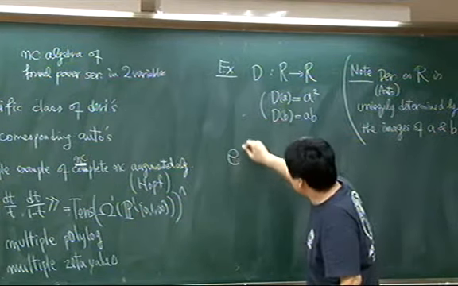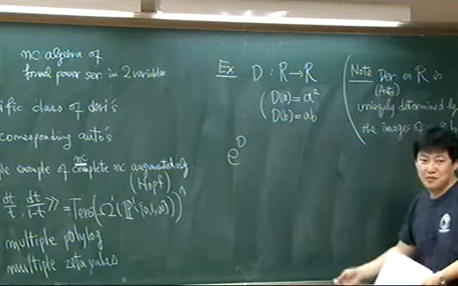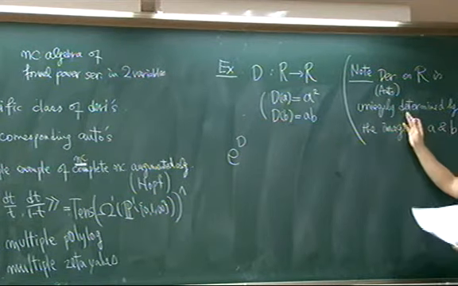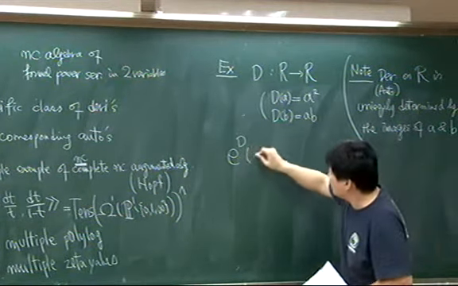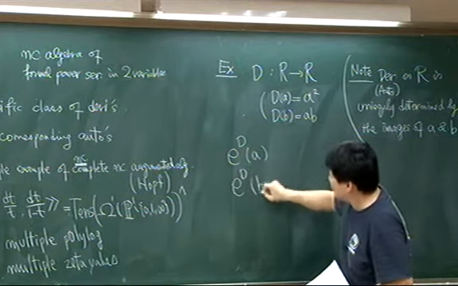So what's the corresponding automorphism? An automorphism is also characterized by the images of the generators. So what is exp(D) applied to A and to B?